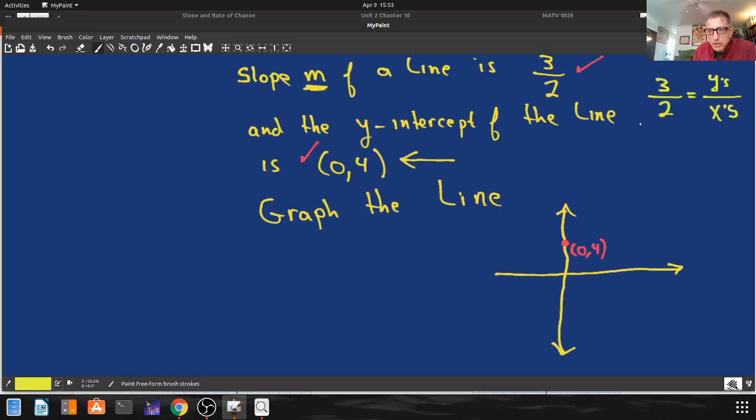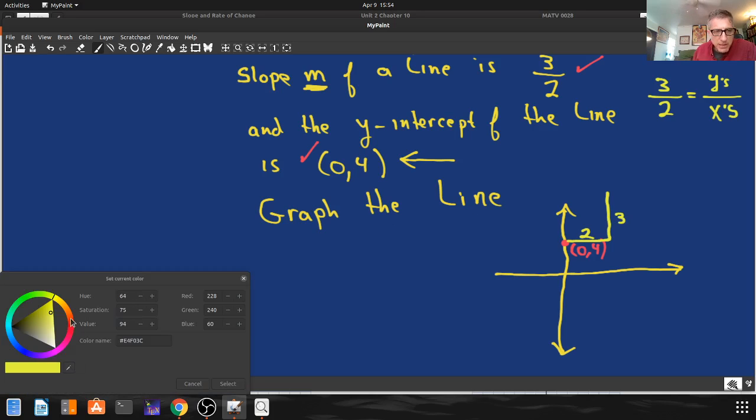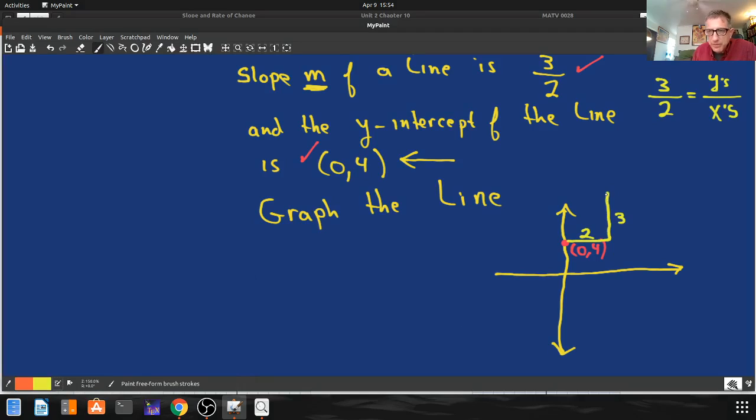Since 2 is positive, I'm going to start at my known point and go over a distance of 2 units. Then since my 3 is positive, I'm going to go up 3 units. Right there is going to be my second point, and I can draw my line through those 2 points.